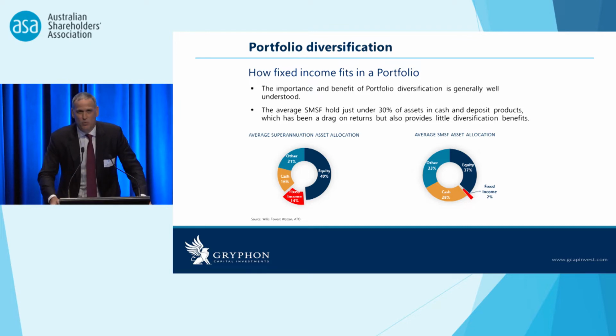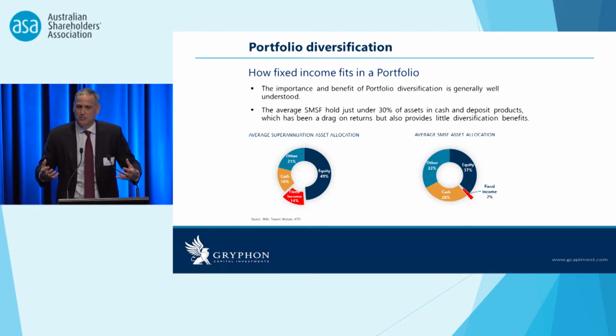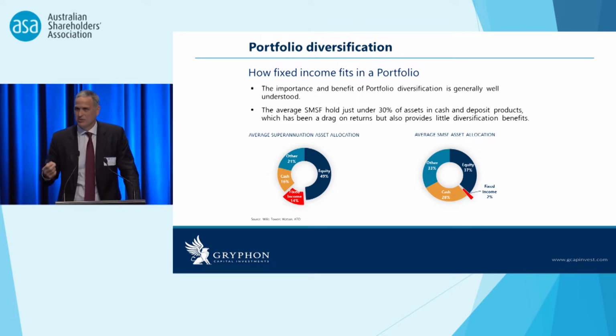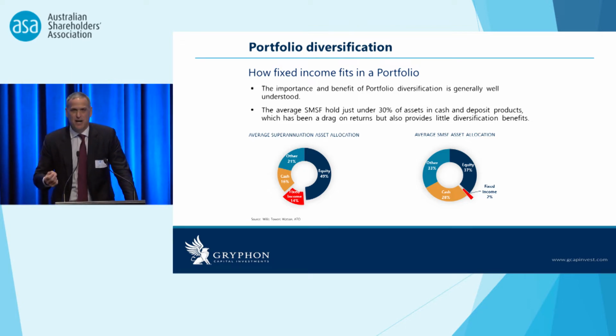So why now? Why are we harping on about diversification? In our belief at Gryphon Capital, we see it's more important than ever to be diversified. So why do we say that? What's driving this sort of apprehensiveness within the markets from investors?